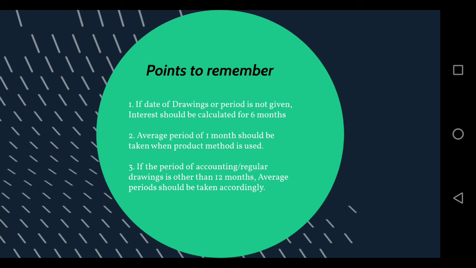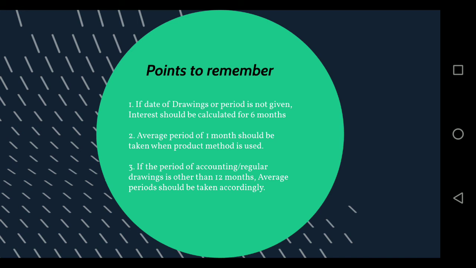Now this is for a period of consideration of 12 months year. But if the year is say of 9 months, the business they started in July and they are going to wind up or close the accounts on 31st March, in that case, half of the period in consideration you have to take as average period. So if the year is of 9 months, we'll take 4.5 months.